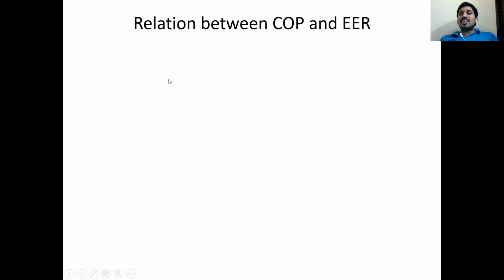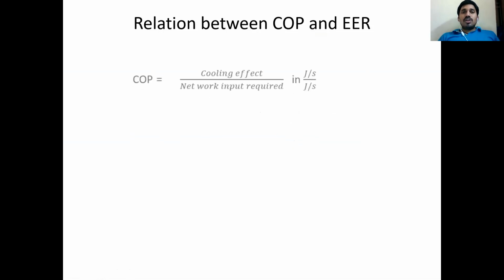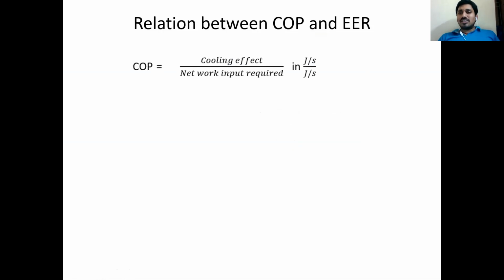Next, what is the relation between COP and EER? We'll see now. We already discussed in last class, COP is the amount of refrigerating effect removed from the cooled space to the amount of network required to drive the system. That ratio is called COP. Generally the numerator and denominator values we take in watts or joules per second.